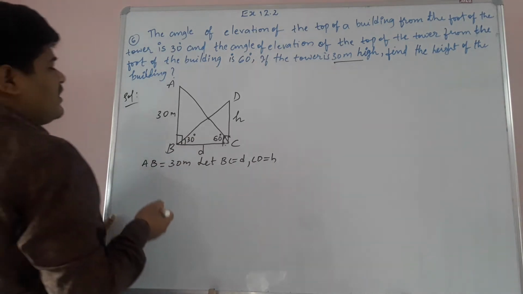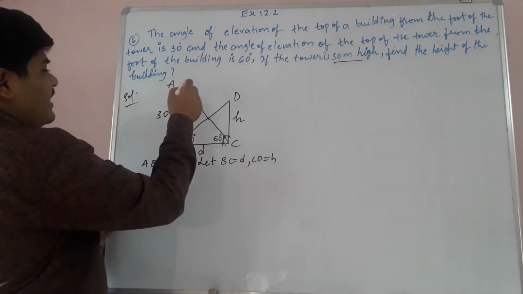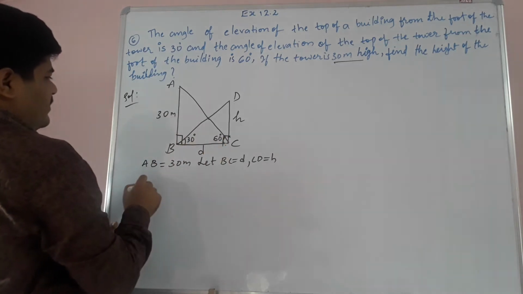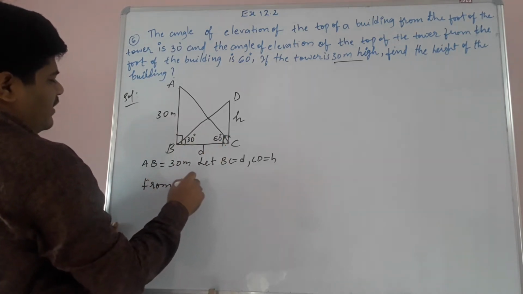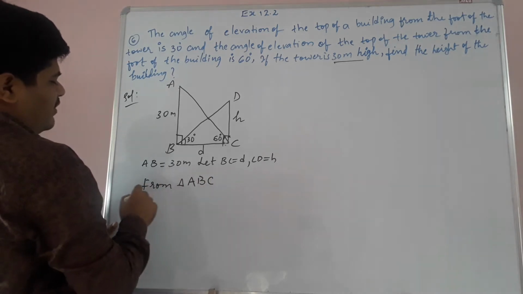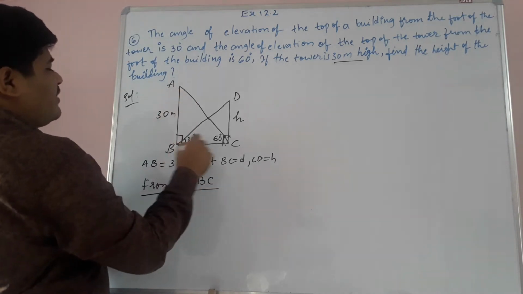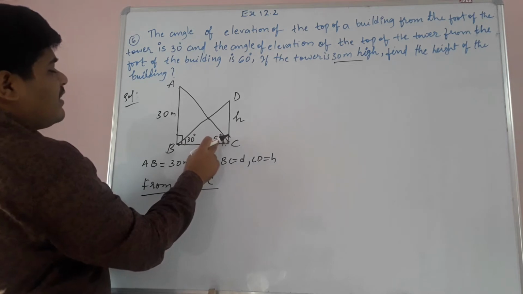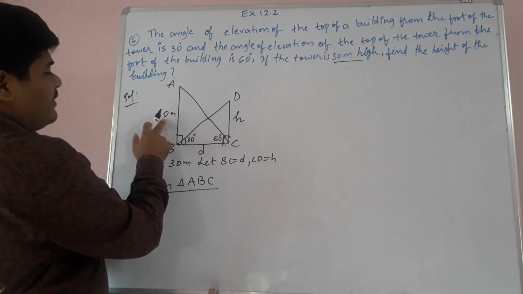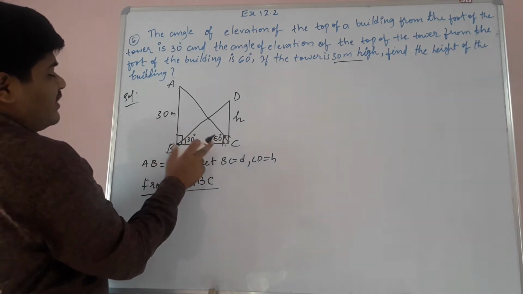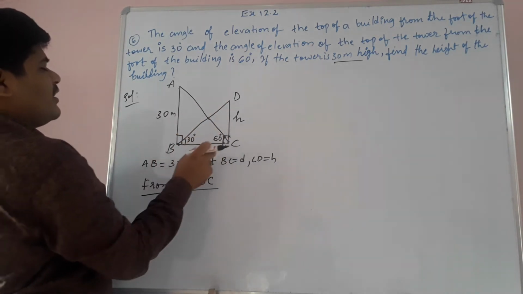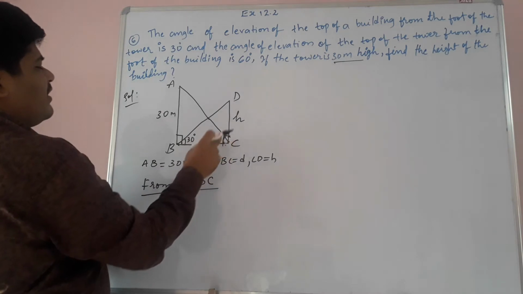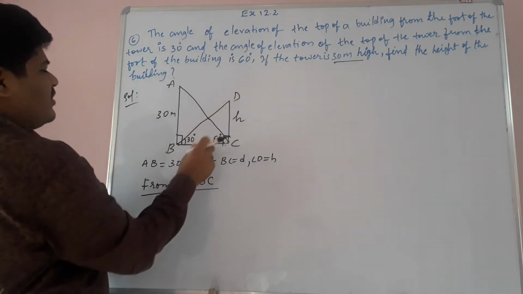So now children, I am taking triangle ABC. In triangle ABC, 60 degrees is there, 30 meters is its opposite side, and D is the adjacent side. D is common for both triangles.